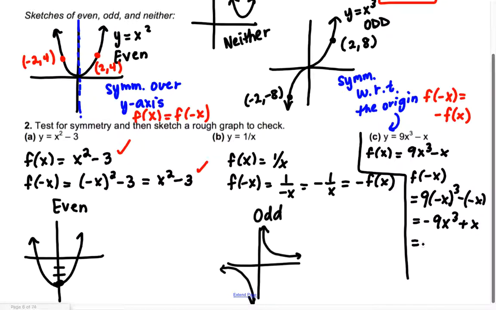Okay, so let's see. If I pull out a negative 1, I get 9x cubed minus x. Isn't this right here f of x? 9x cubed minus x. So it's negative 1 times f of x. So it's negative f of x. So it actually is one of them. It is odd.